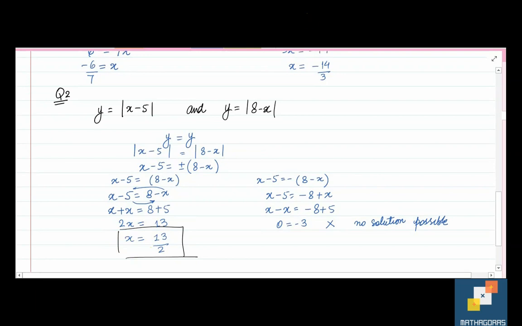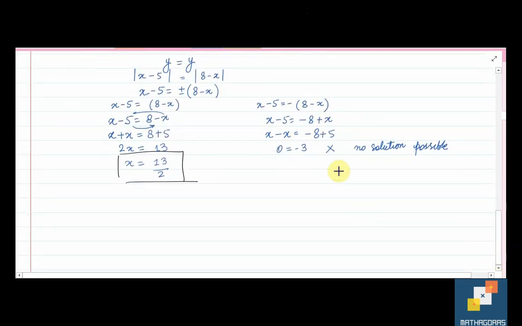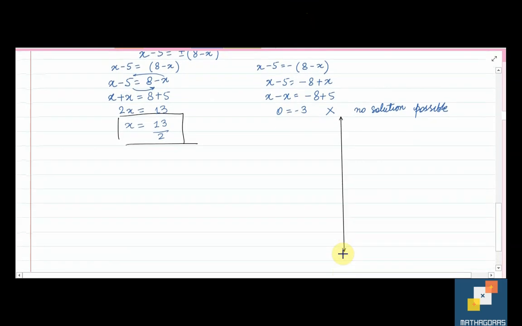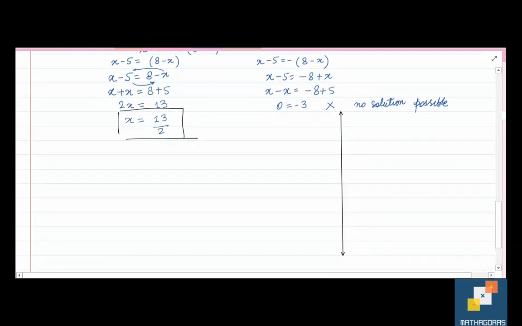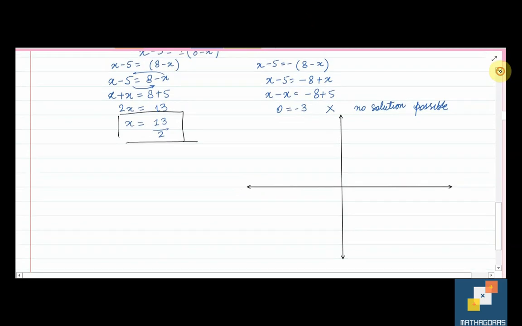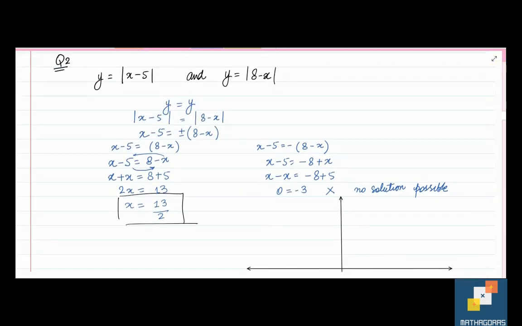Now you need to draw the graph. So first draw the axis. y is equal to modulus of x minus 5 and y is equal to modulus of 8 minus x.